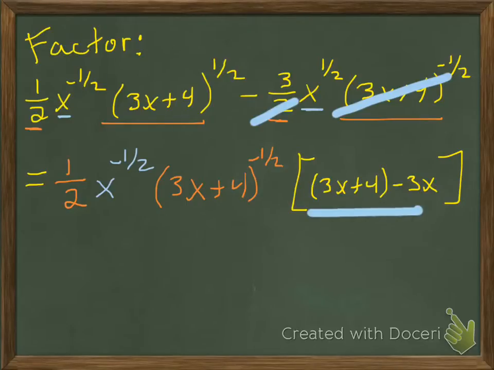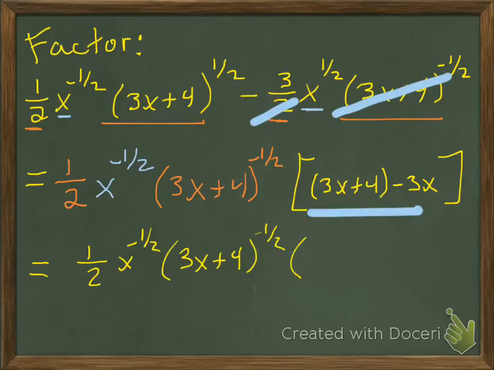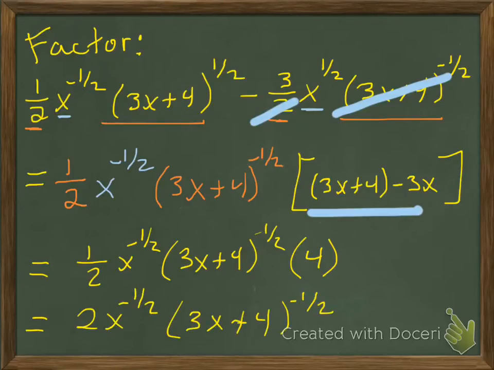Okay, we're going to clean up inside here. So we're going to have 1/2 x to the minus 1/2 (3x plus 4) to the minus 1/2 times 4. And then 4 times 1/2 is going to give us the 2. And that's all we've got going with that. There's not a whole lot more we can do with that.